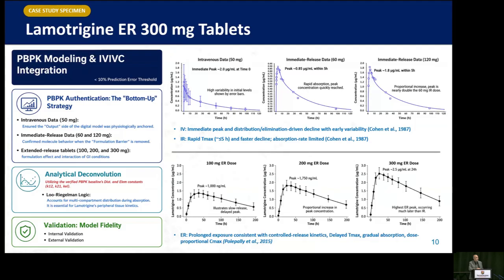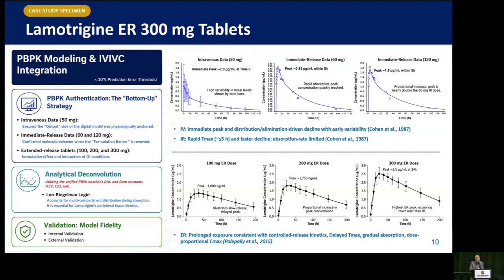And for this, we have used the three strengths, 100, 200 and 300 milligram. And we found there is a proportionality here of the exposure in terms of AUC and Cmax and even Tmax as well. And there is some prolongation of exposure as it is consistent with the controlled release kinetics there.